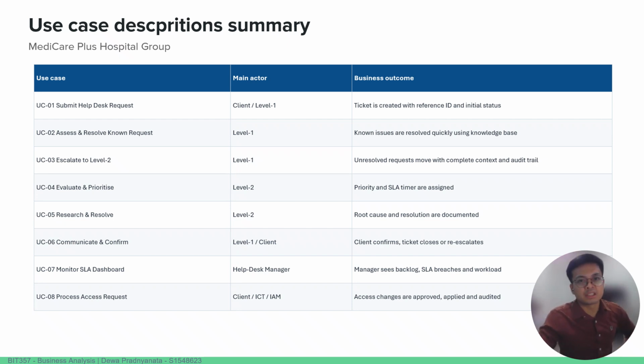The key use cases cover the full life cycle of a request, such as level 1 assessment, escalation to level 2, prioritization, level 2 resolution, client confirmation, SLA dashboard monitoring, and access request processing. This all helps convert the high-level system use case diagram into clear behavioral requirements for the prototype system.